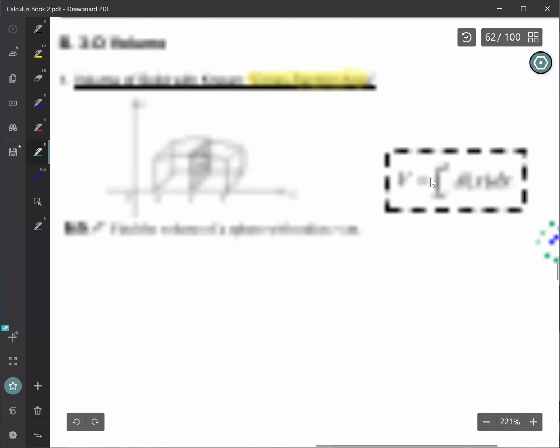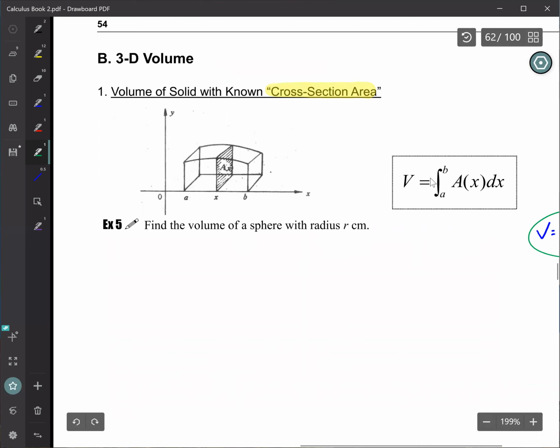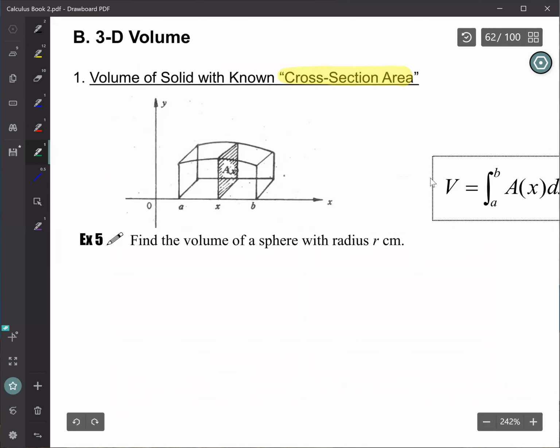So the basic idea behind this is you can see the A(x), it's missing a little bracket. You can see the slice of the area is touching the x-axis, the x value. At different places that you make the slice, the cut, or the cross section, you have a different area. That's why the area here is a function of x, A(x).